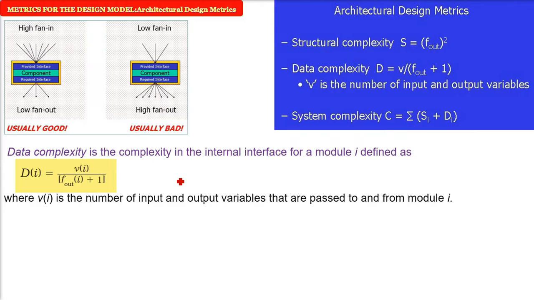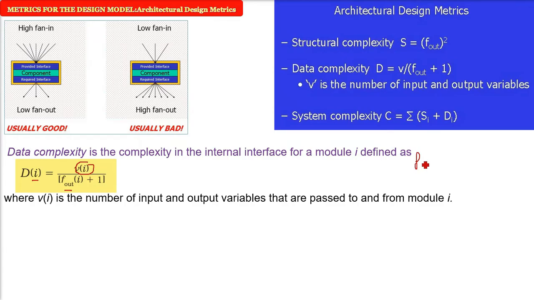So we are talking about the number of input and output variables that are passed to and from this module: Vi divided by fan out plus 1.